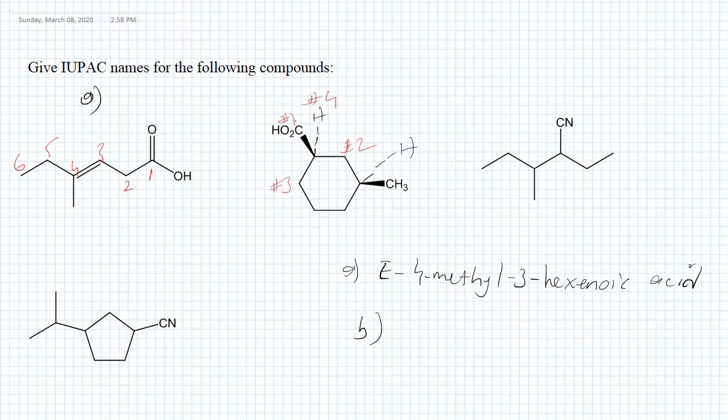And if we look from 1 to 2, 2 to 3, we go in a clockwise direction, so this particular chiral center is R. Let's do the same for the second chiral center. Hydrogen is number 4, and this carbon has to be number 1.